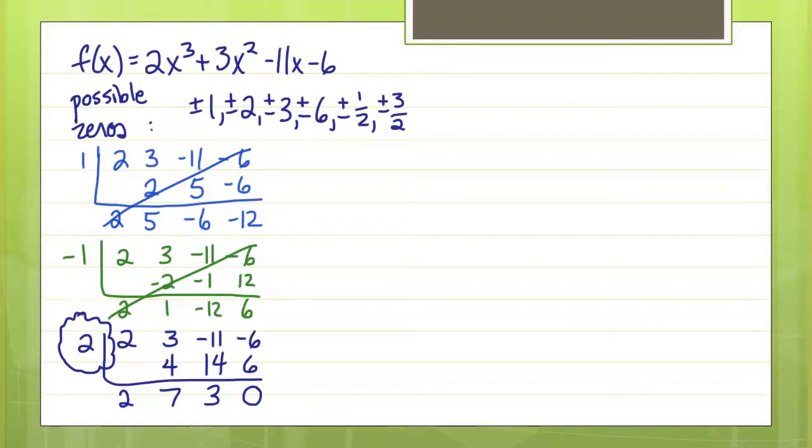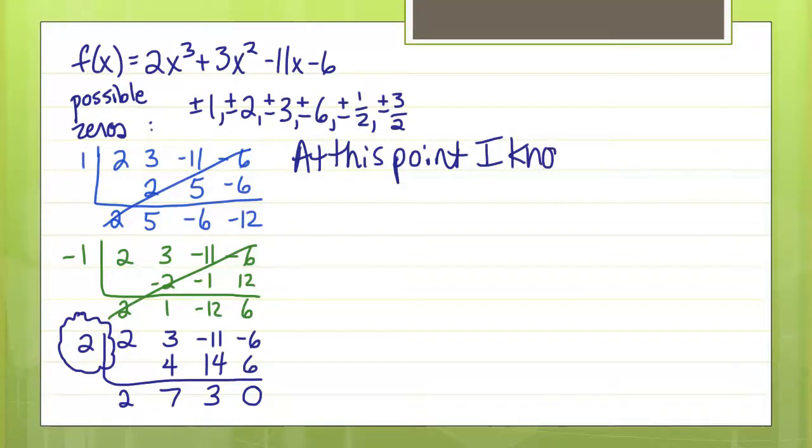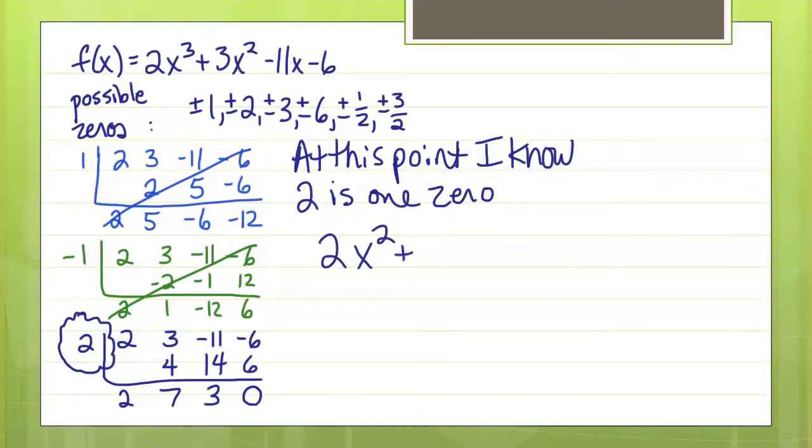Now at this point, I have options. What do I know? At this point, I know that 2 is 1 zero, and I know that there's possibly 2 more. I know that this is one of the factors.